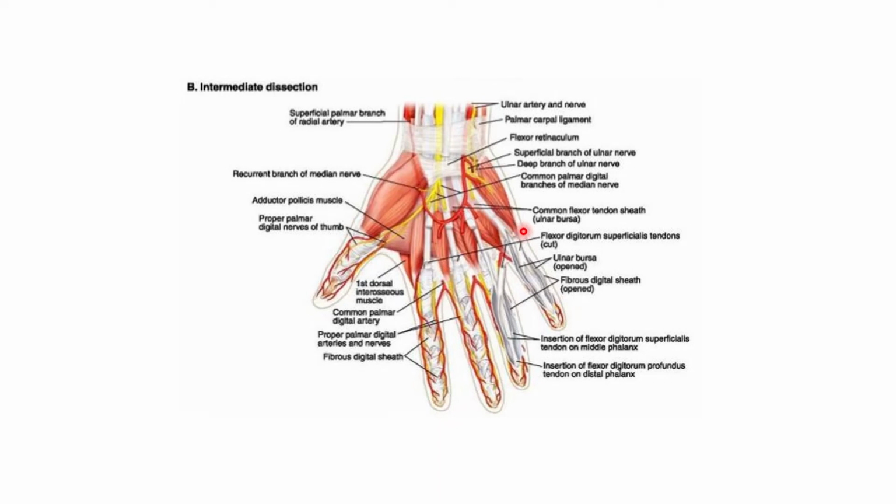Over the hypothenar side we can make out the abductor digiti minimi, the flexor digiti minimi, and deep to the abductor digiti minimi lies the opponens digiti minimi. Remember one thing, the opponens muscles, be it the opponens digiti minimi or the opponens pollicis, lie in a deeper plane, that is, deep to the abductor muscles: the abductor pollicis brevis on the lateral side and the abductor digiti minimi along the ulnar side.